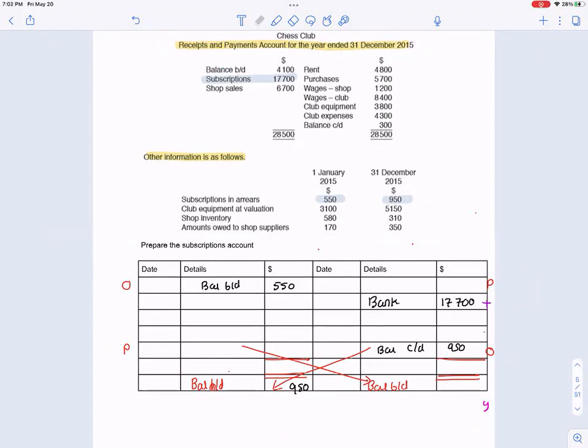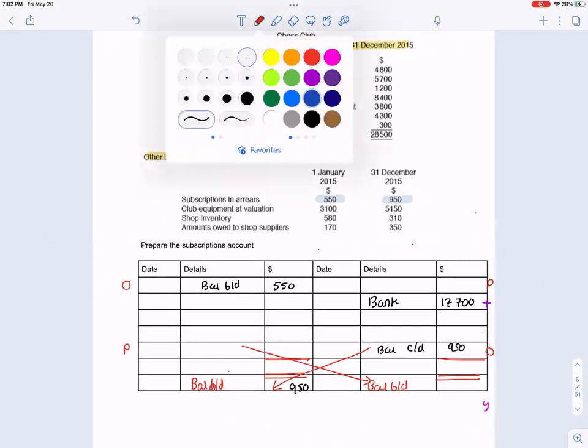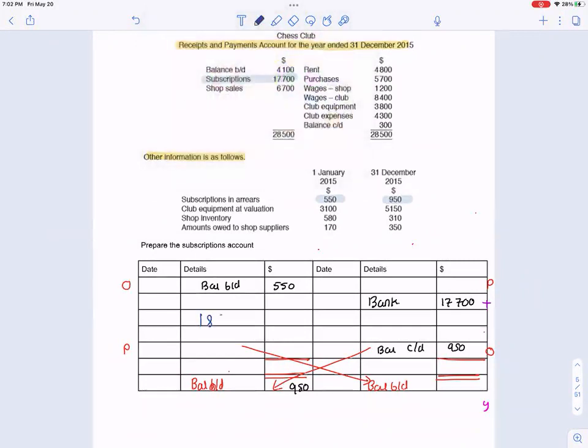Now add it up. What we have to find out is the amount that goes to the income and expenditure account. So do the total, 18,650, minus 550. So 18,100 will go to the income and expenditure account.